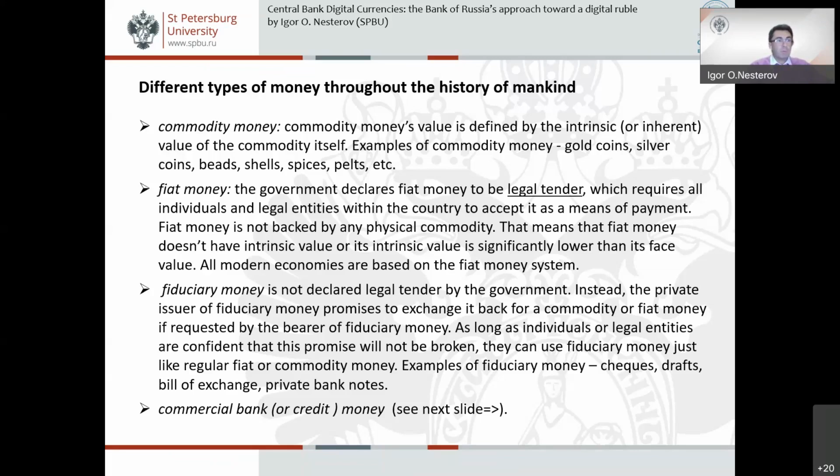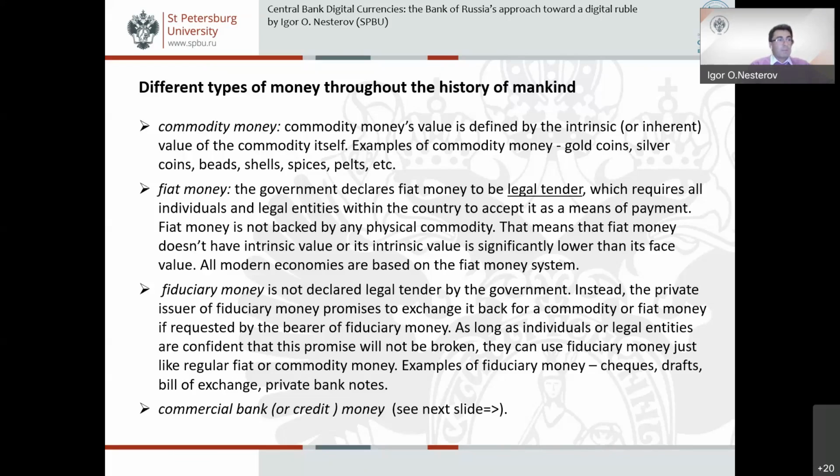Examples of fiduciary money include checks, like old school American Express traveler's checks or Thomas Cook traveler's checks, drafts, bills of lading, and private banknotes, like for example Disney dollars issued by the Walt Disney Company and redeemable for goods and services at many Disney facilities.